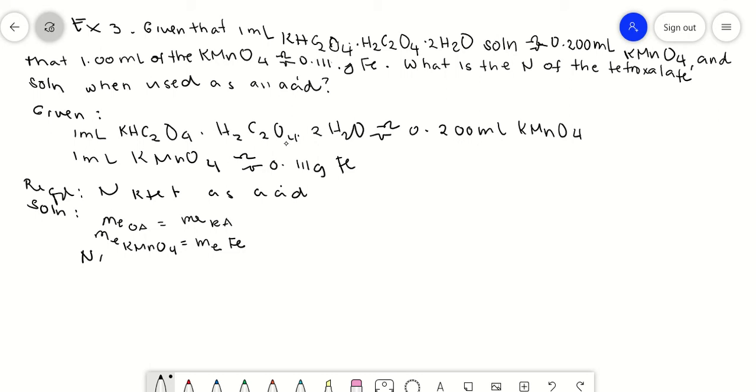So the formula that we're going to use here is normality times volume. We are given the weight, so that would be weight of iron divided by atomic weight of iron times factor times 1,000. Again, ferrous would be oxidized to ferric. So normality is unknown.